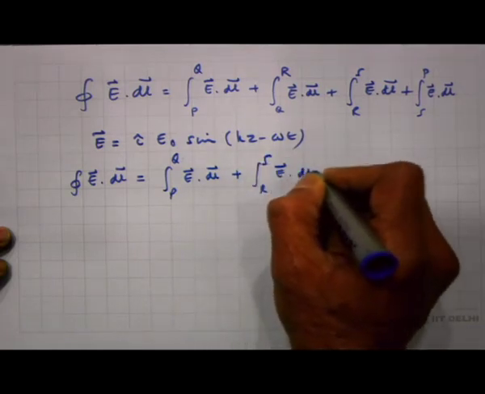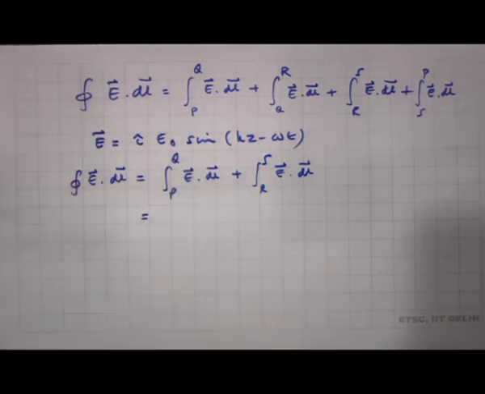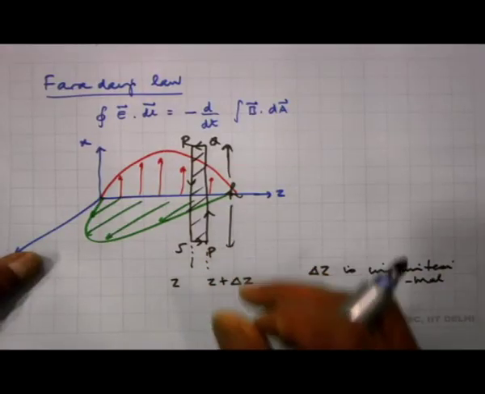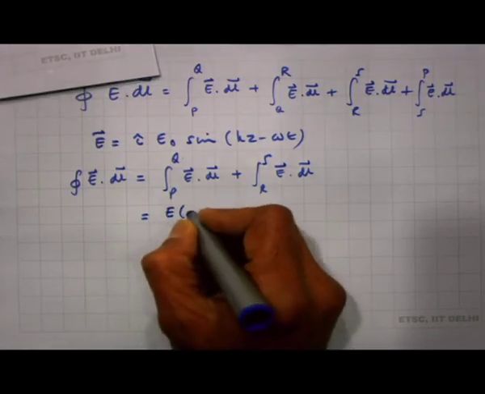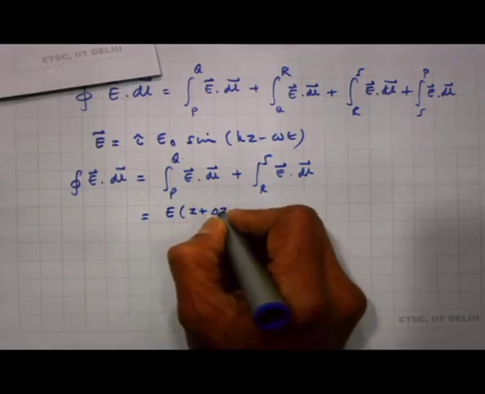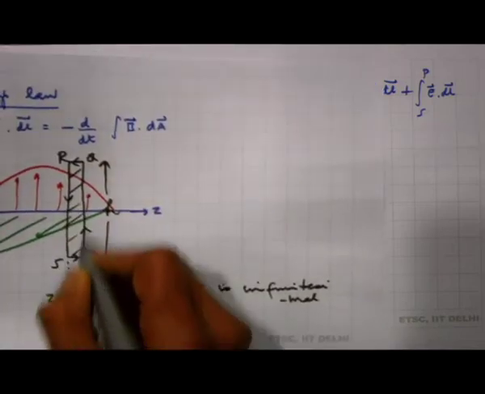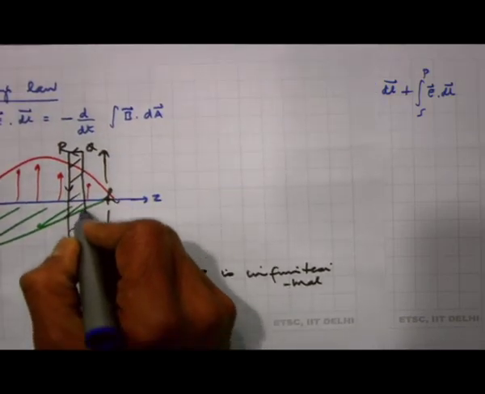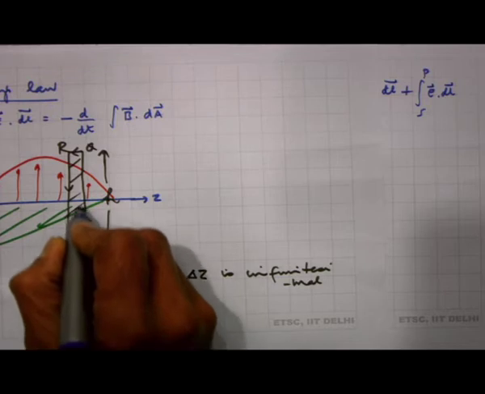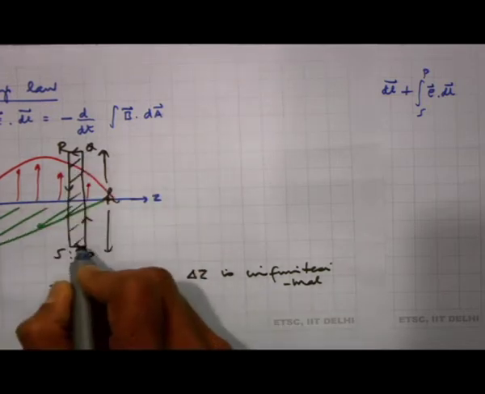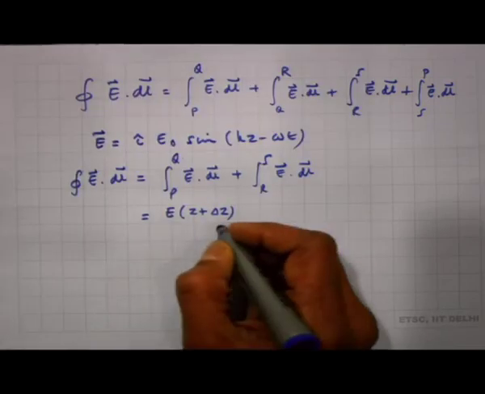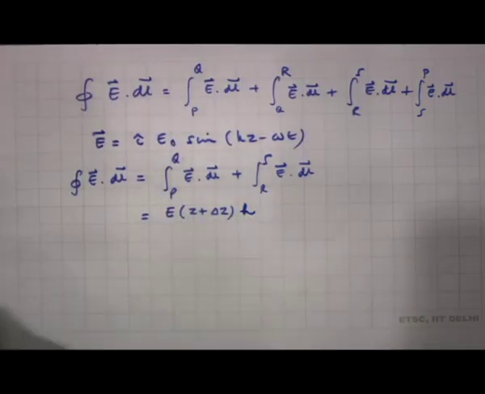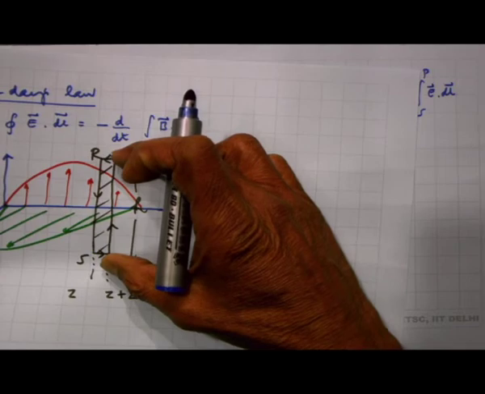The remaining two integrals have become 0. So, P to Q E dot dl is nothing but the electric field at z plus delta z into the total length, because electric field is constant along this length and dl is parallel to electric field. So, E dot dl is E dl and E is constant along this path. So, this will be times this length h, the length of integration.